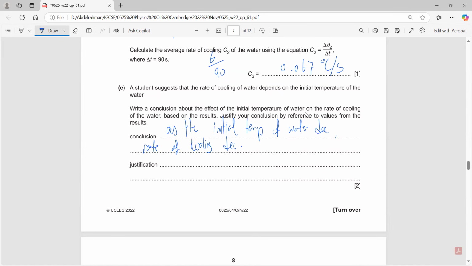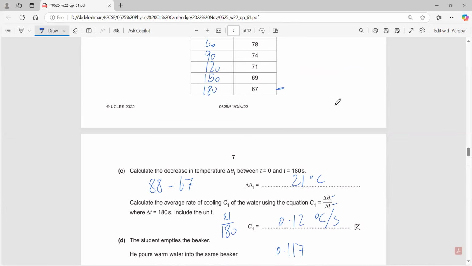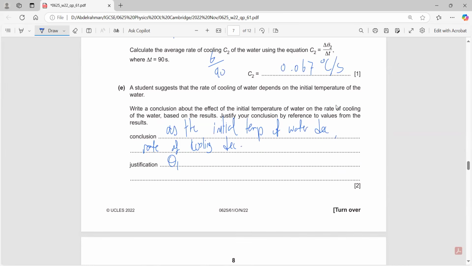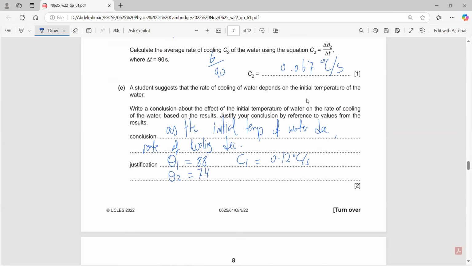Justification: theta 1 was 88, and C1 was 0.12 degrees Celsius per second. Theta 2 was 74, and C2 was 0.067 degrees Celsius per second.